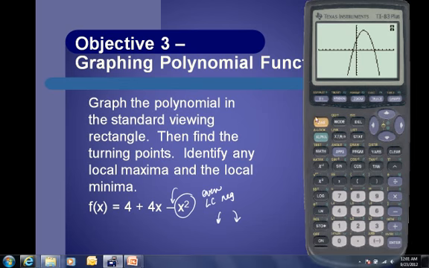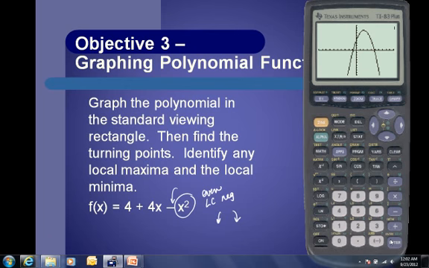So we are going to go second trace, which is calculate, number 4, which is maximum. Left bound, well, our cursor is already to the left of the highest point, so we press enter. Right bound, arrow to the right until we're at least on the other side of the highest point.